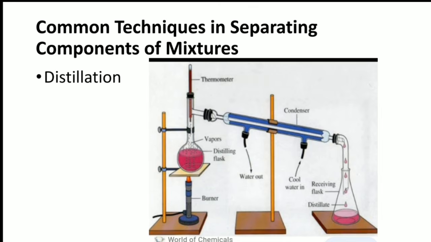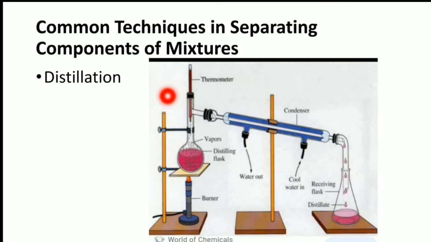So you can see here the container for the water to purify. You call that the distilling flask. And then you have here another component to contain the purified substance. So what will be left here will be the impurities. So we have here the thermometer to monitor the boiling point.